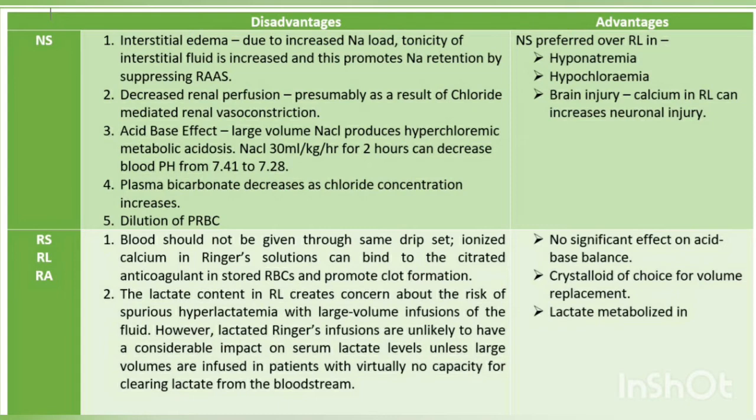Whenever we infuse intravenous fluid into somebody's vein, 75% of the volume goes into the interstitium and only about 25% stays inside the vasculature. That is why, theoretically, the colloids like albumin solution and the dextran solutions are supposed to be more effective in intravascular volume expanding.